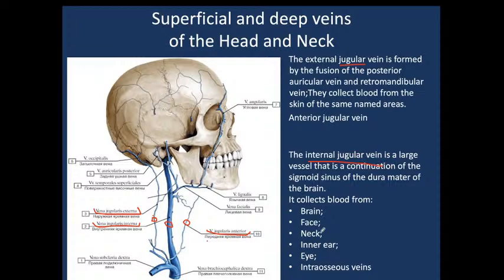This is a large vessel, and it collects blood from the brain, from the face, from the neck, from the inner ear, from the eyes, and from intraosseous veins. So that is a really big and systemic vein in our body.